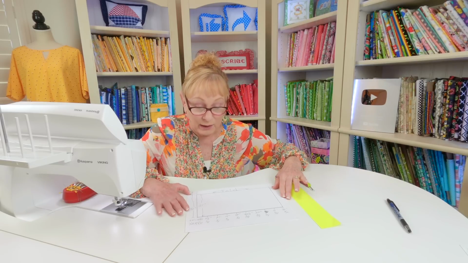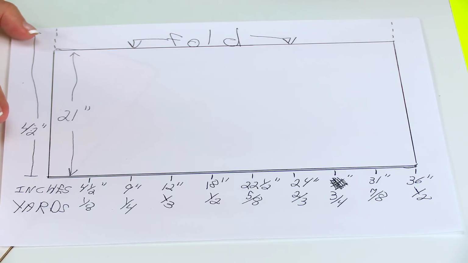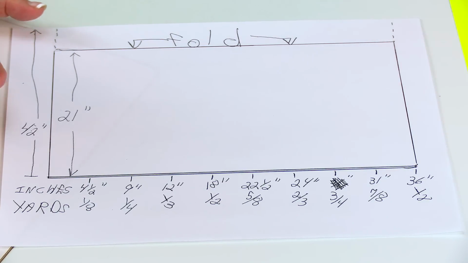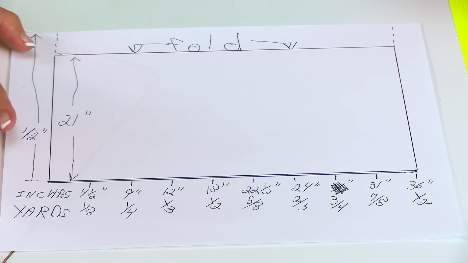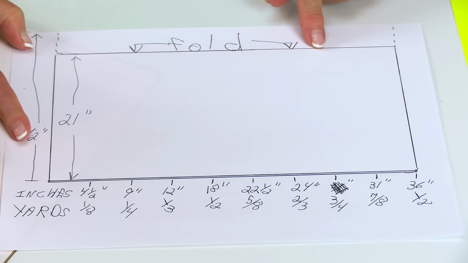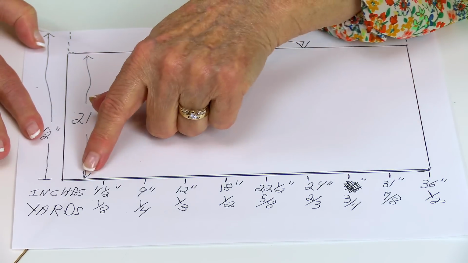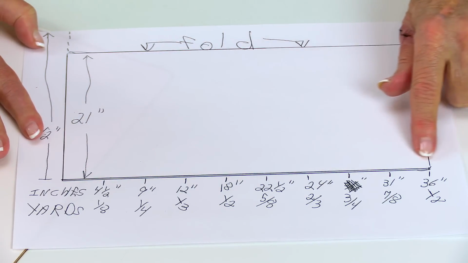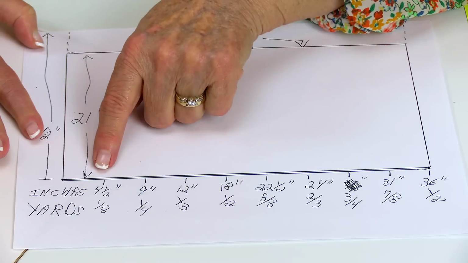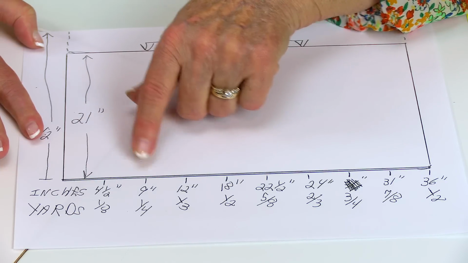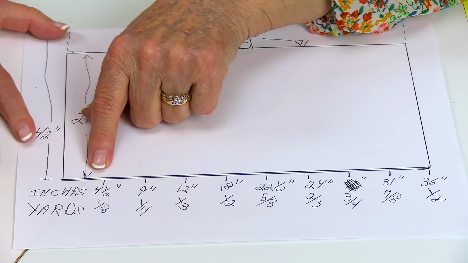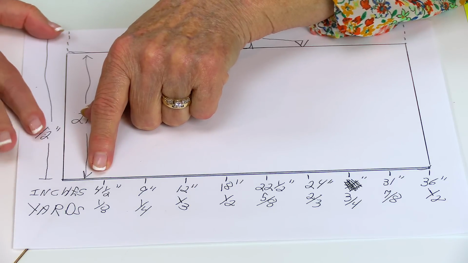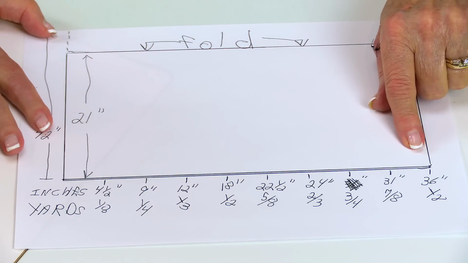And that's where I've got a piece of fabric that's folded like it is when you purchase it off of the bolt. So here is the folded edge, and when it's folded, it has the selvage edges together. And I've put little marks here, what an eighth of a yard is, all the way up to 1 yard.